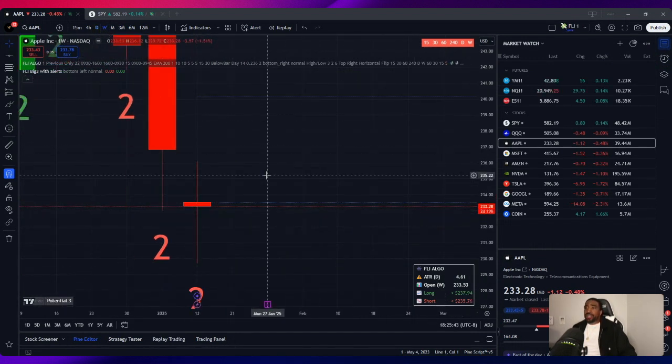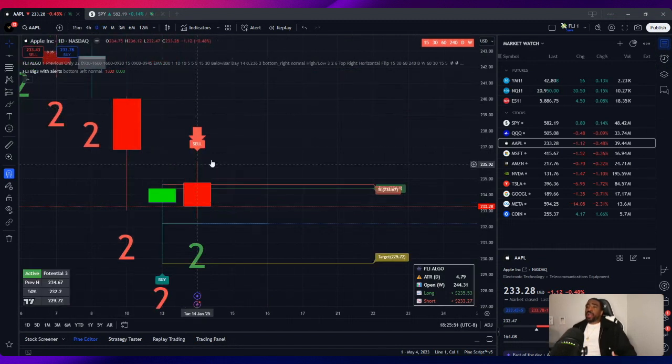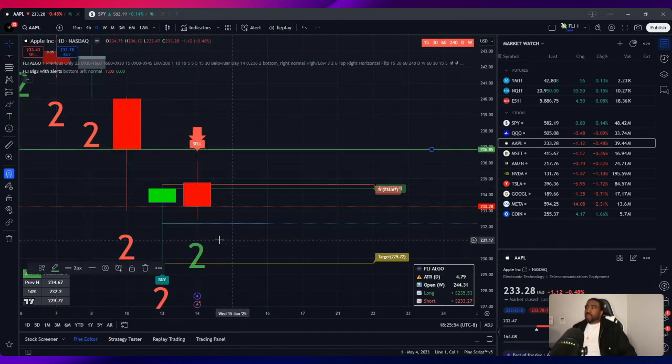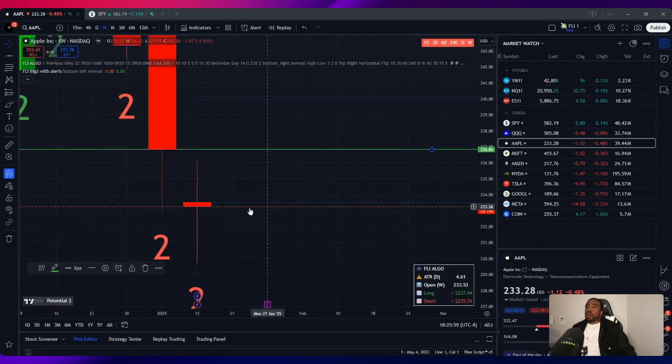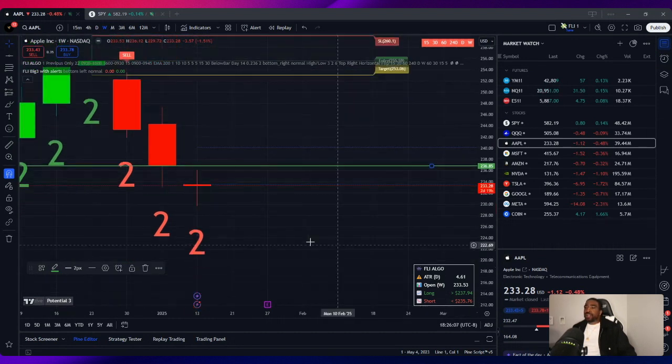I also understand that if we got bullish data and we start to push up and we start to break these previous levels, especially this level from Friday at 236.85, I already know that we're going to get a fail 2 on the week, and we'll start to push to the upside. So that could potentially be a 3 to the upside on this weekly candle. So I already know either way on Apple, the levels I need to win, whether it's to the downside or to the upside, and it's that simple, y'all.